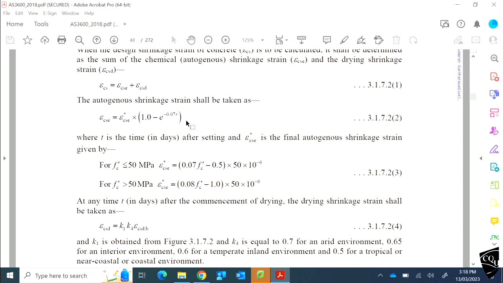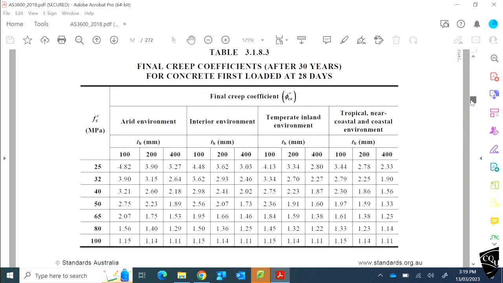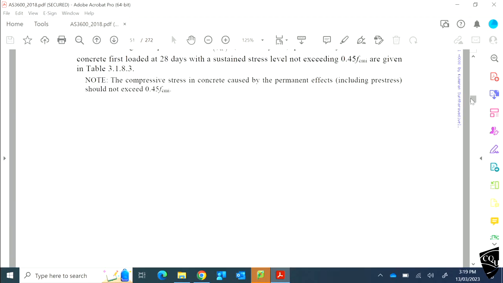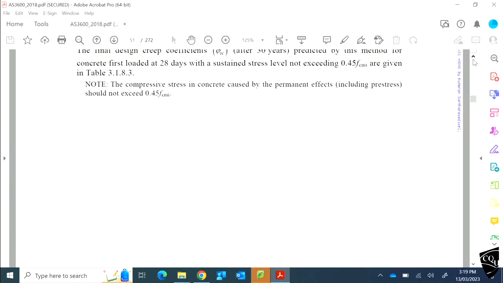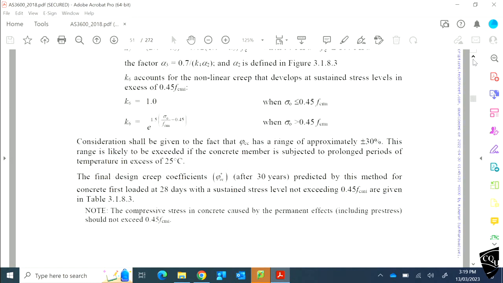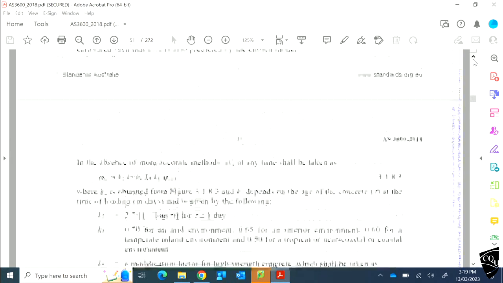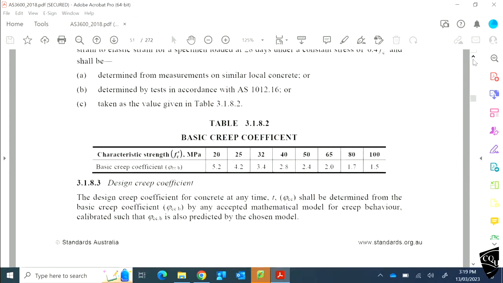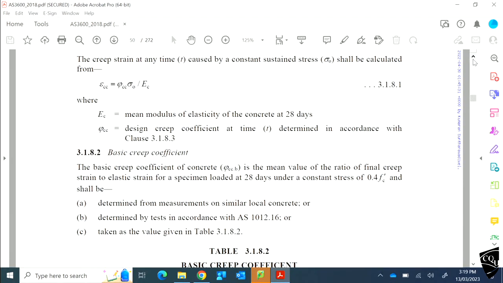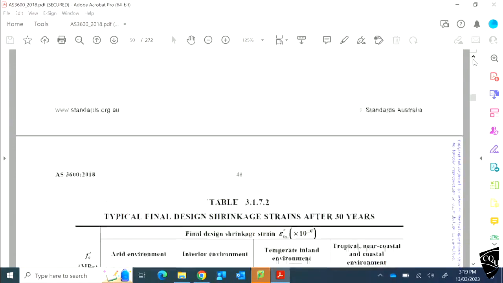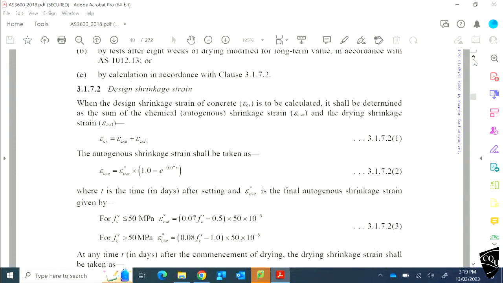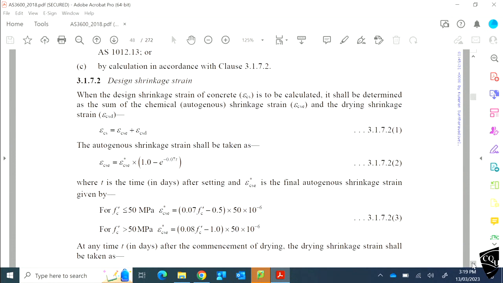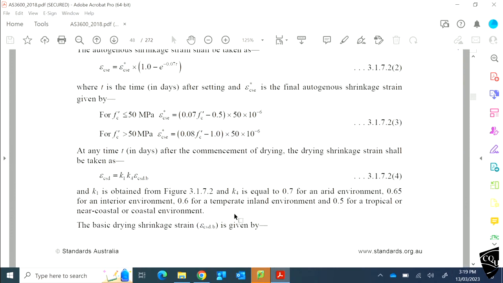The next one is the drying shrinkage. The drying shrinkage is given by this equation here.